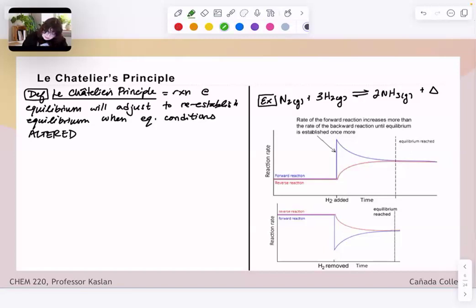So let's think about what that looks like, meaning what on earth is happening when we're talking about equilibrium conditions being altered.